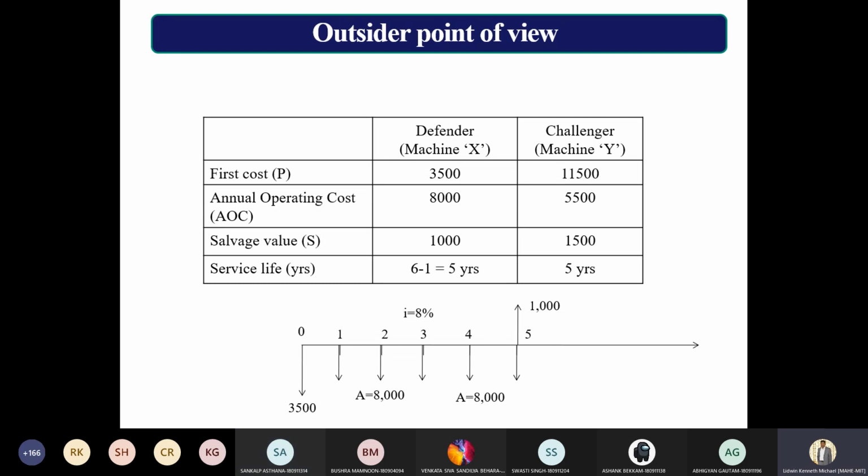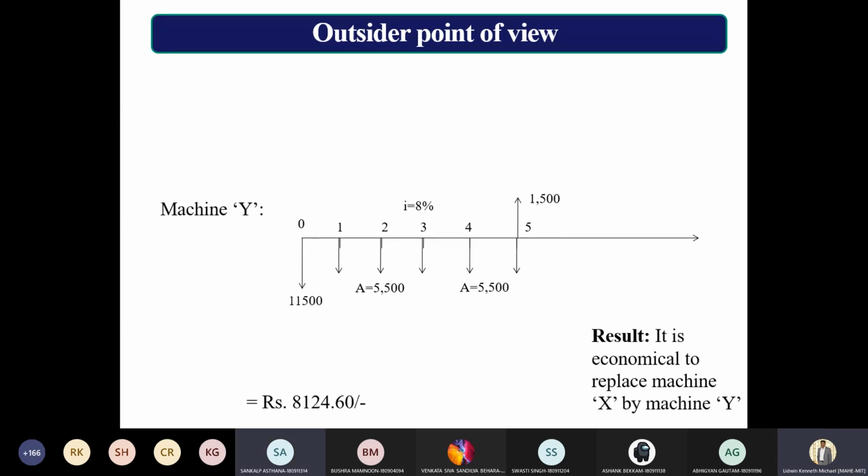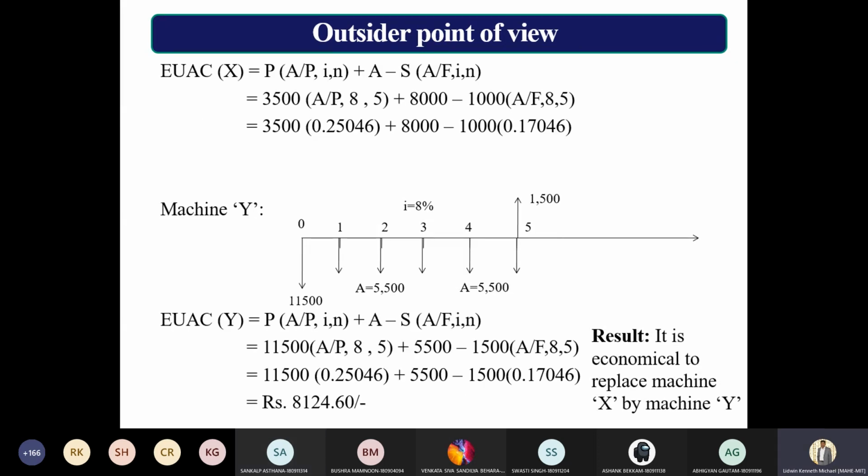So the cost of the Defender will be 8,706, right? That is the cost of the Defender, whereas the cost of the Challenger will be 8,124, right? 8,124. Now, if you see here, the Defender is more expensive compared to the Challenger.